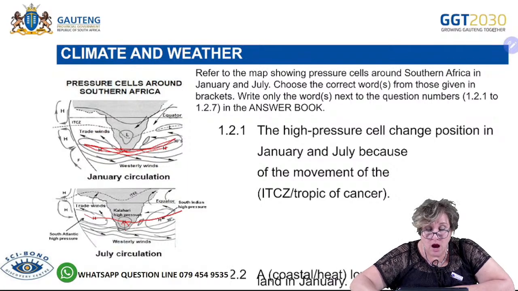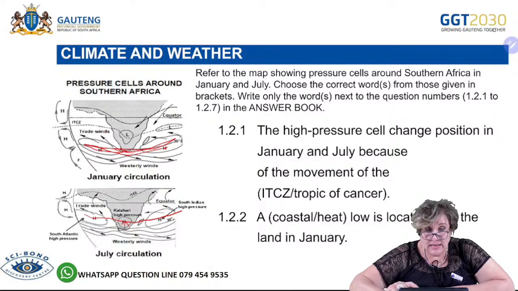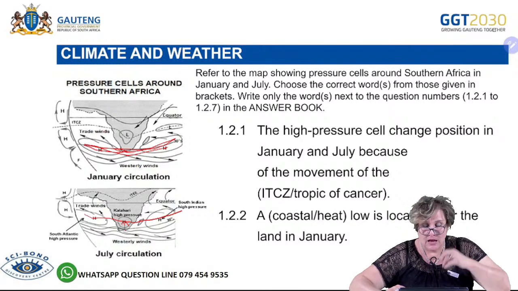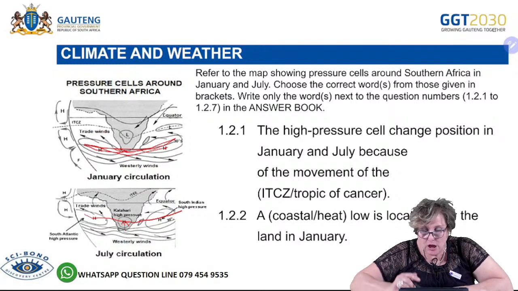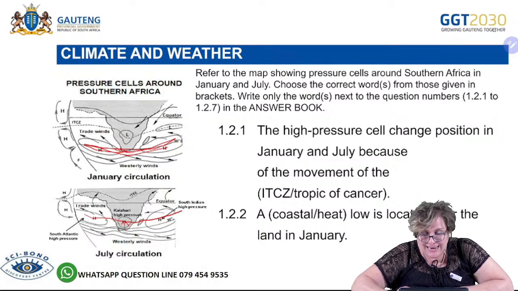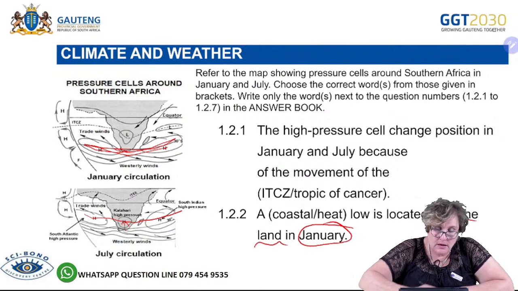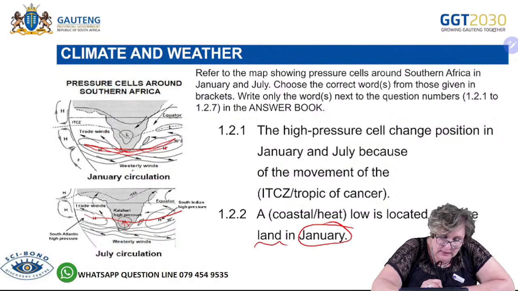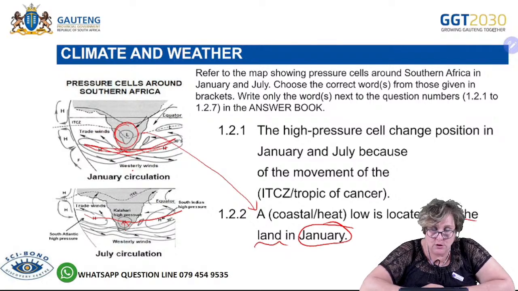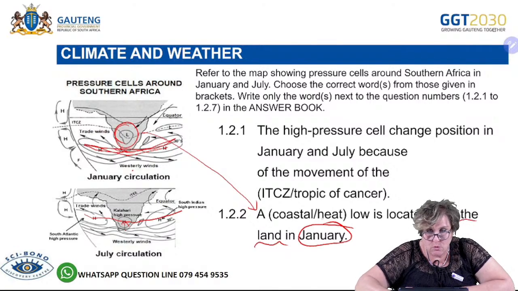Before we look at the answer, 1.2.2. A coastal or a heat low is located over the land in January. So if I go to January, there you will see the low pressure that they are talking about here. Now you must choose, is it a coastal or a heat low?